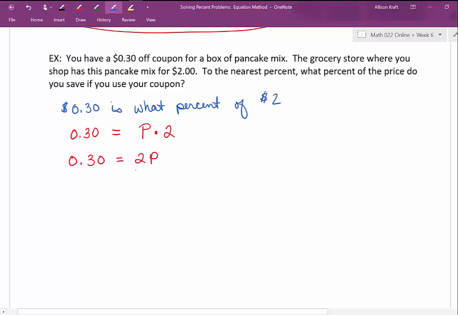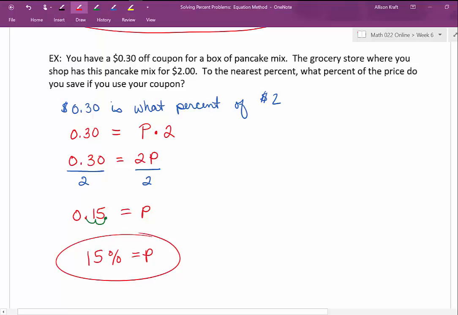To solve for p, we'll divide both sides by 2. I get 0.15 is equal to p. We now need to convert this to a percent. You convert a decimal to a percent by moving the decimal 2 to the right. We end up with p is equal to 15%. That coupon gave a 15% savings on the pancake mix.